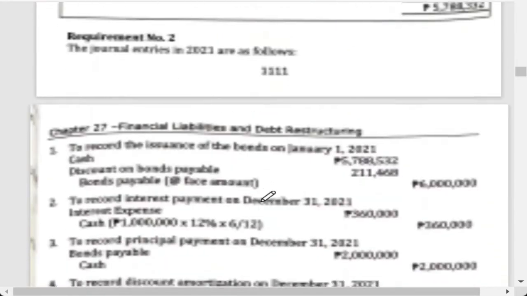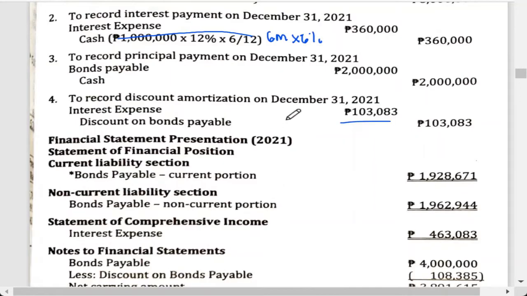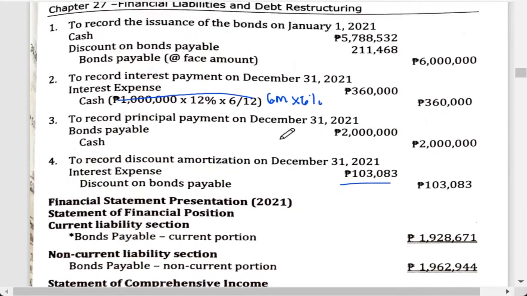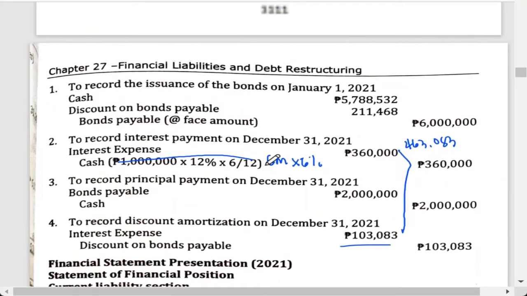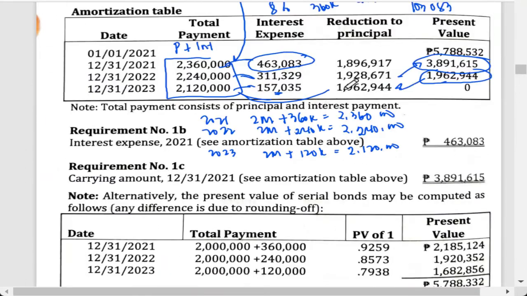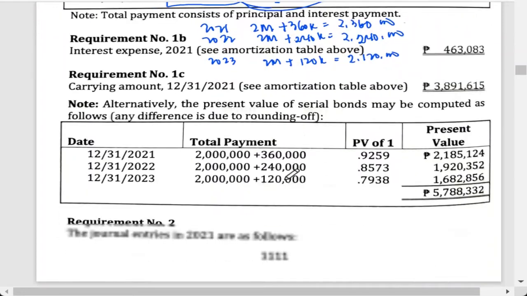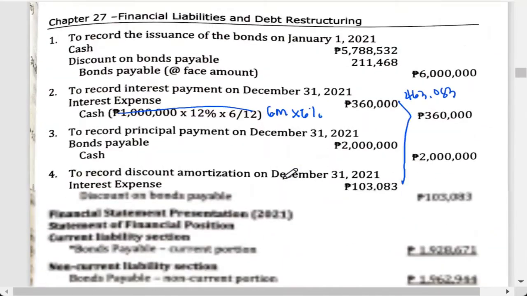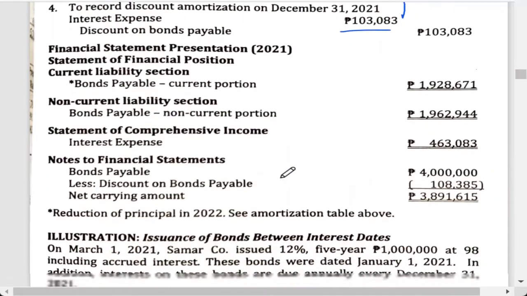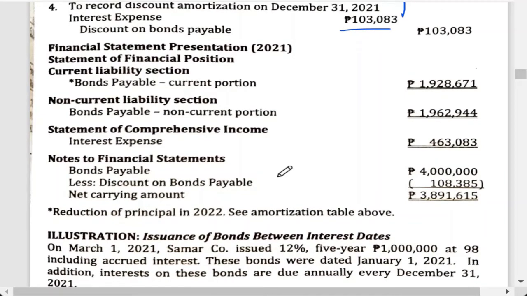That is how it is obtained. Again, this is the 360 and the interest expense. If you total it, it matches the table, 463,083, the interest expense in the table.